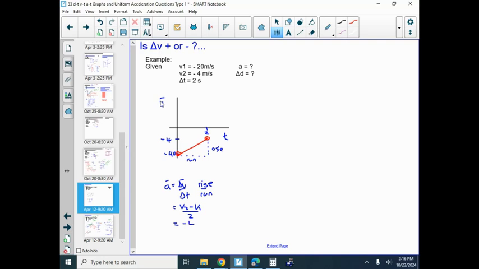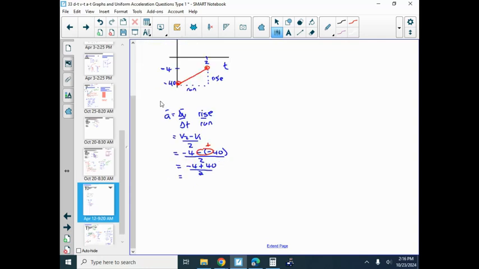V2 is negative 4. V1 is, so we're taking away from that V1, taking away a negative 40. So we're adding 40. So we have a negative 4 plus 40. And so obviously the number is 36 there.